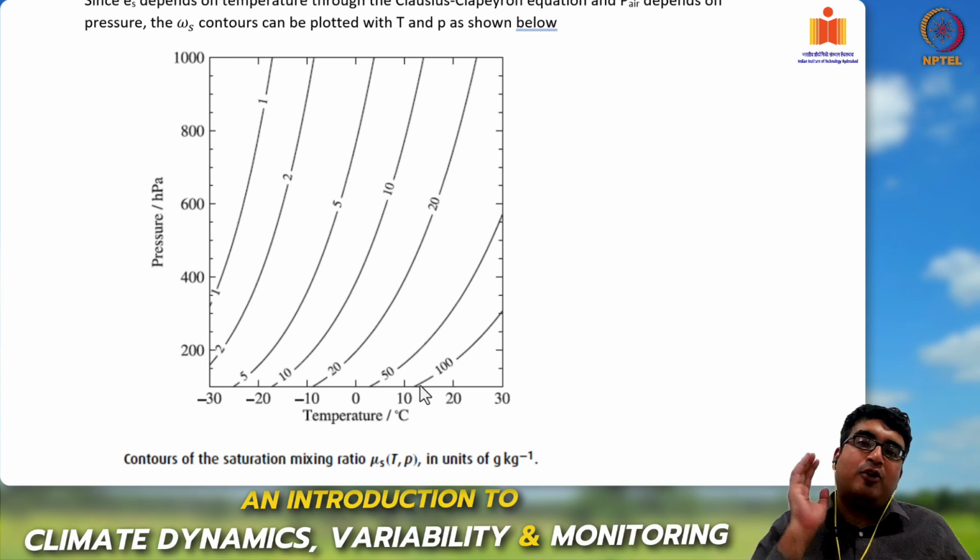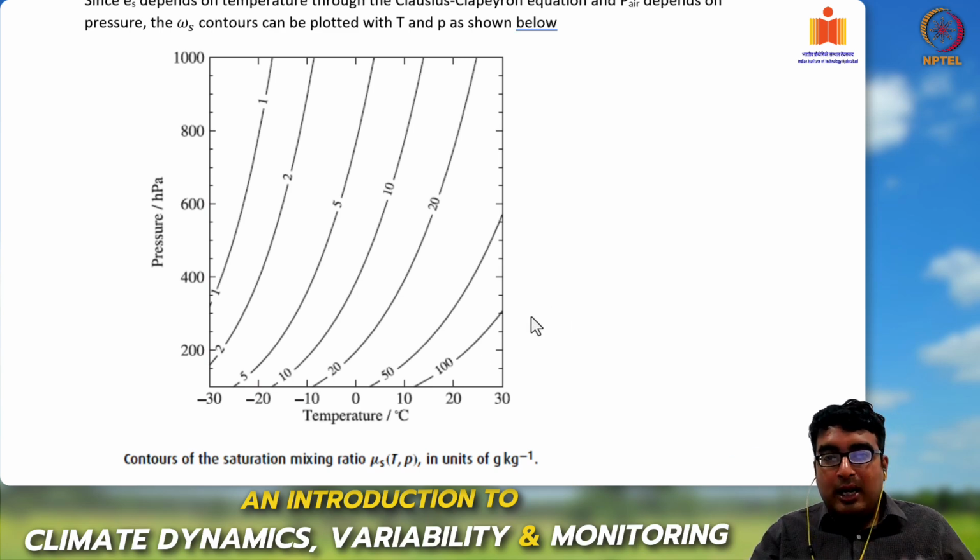So as the temperature of air falls, the maximum amount of water vapor that a parcel of air can hold is decreasing from 20 to 10 to 5. So 5 is around 5 degrees centigrade, 2 is around minus 8 degrees centigrade, and just 1 gram per kg at around minus 15 degrees centigrade. Okay. So hotter the temperature of air, greater is the amount of water vapor that a saturated parcel of air can hold. Okay. So that is one point.